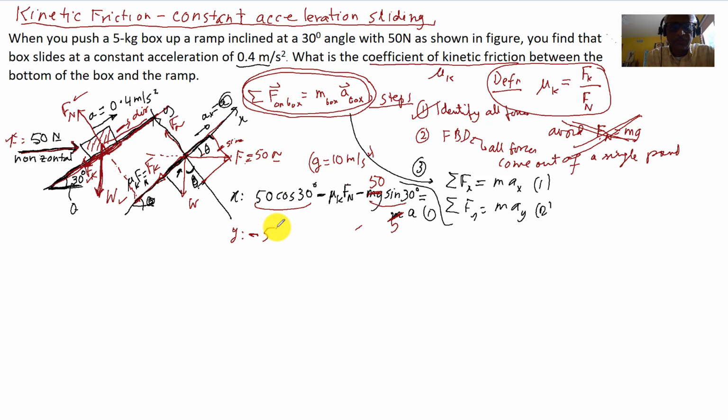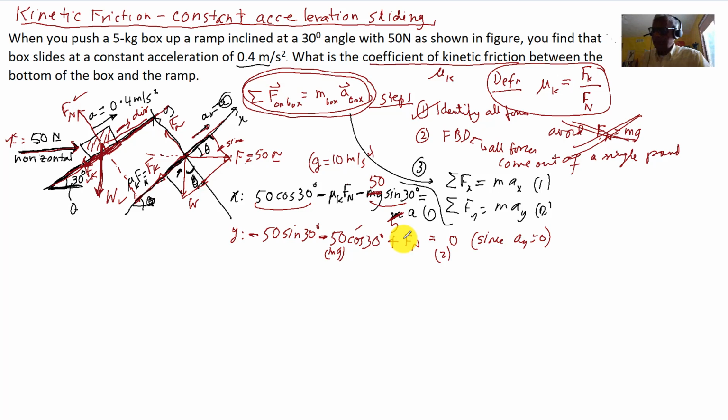So minus 50 sine 30 degrees, and this guy goes on the negative y also, so minus 50, this is the mg, cosine 30 degrees this time. There's nothing here. Fn is all in the positive y direction, and acceleration is that way, so ay is 0, since ay is 0.